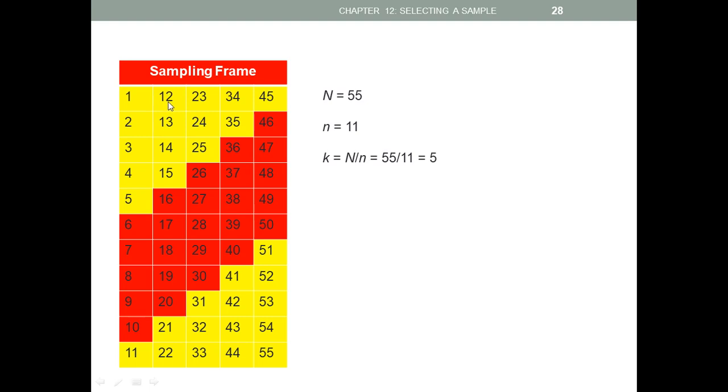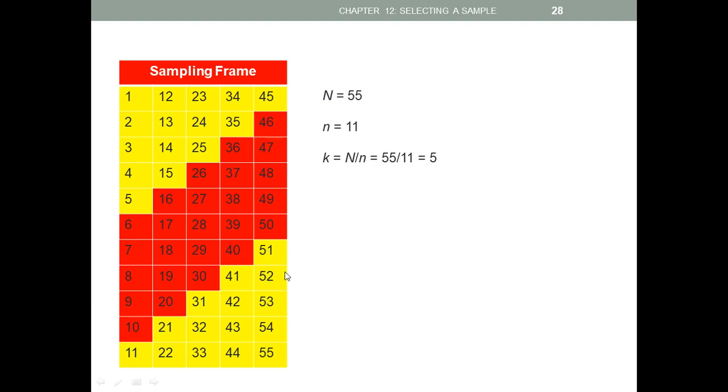Participant number 12 is selected. 12 plus 5, participant 17 is selected. 17 plus 5, 22 is selected. 22 plus 5, 27 is selected. 27 plus 5, 32 is selected. 32 plus 5, 37 selected. 37 plus 5, 42 selected. 47 selected. 47 plus 5, 52 selected.